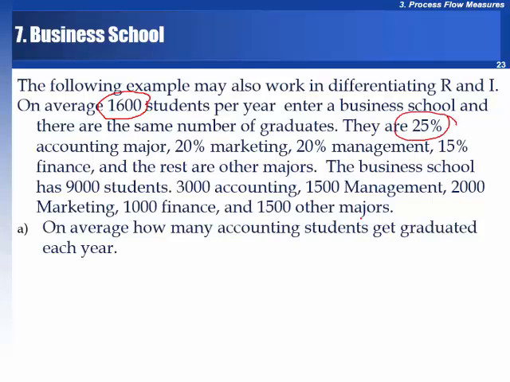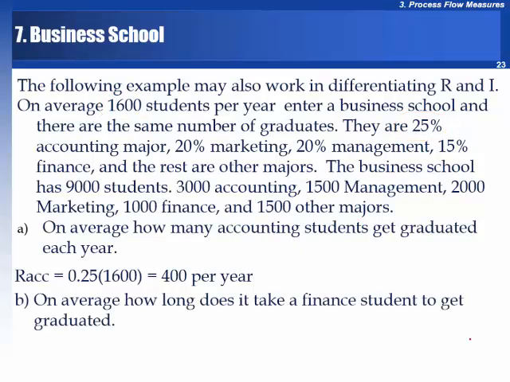Then the rest is a piece of cake. 25% times 1600, 400 per year, right? What about this one? That is also quite simple. 15% finance. 10% of 1600 is 160. 5% of 1600 is 80. So 160 plus 80, that would be 240.